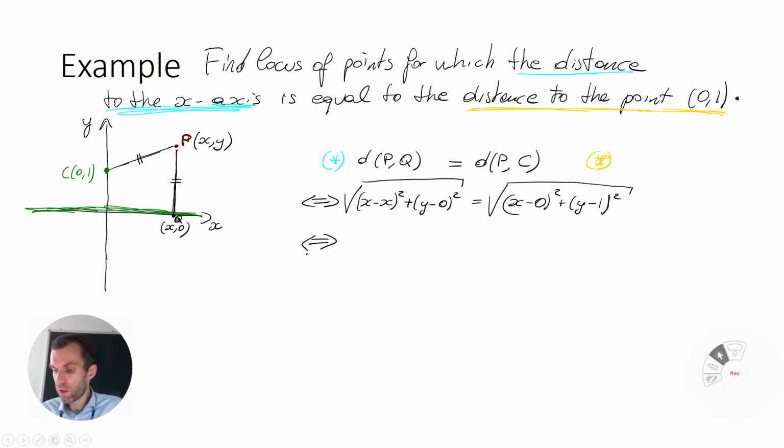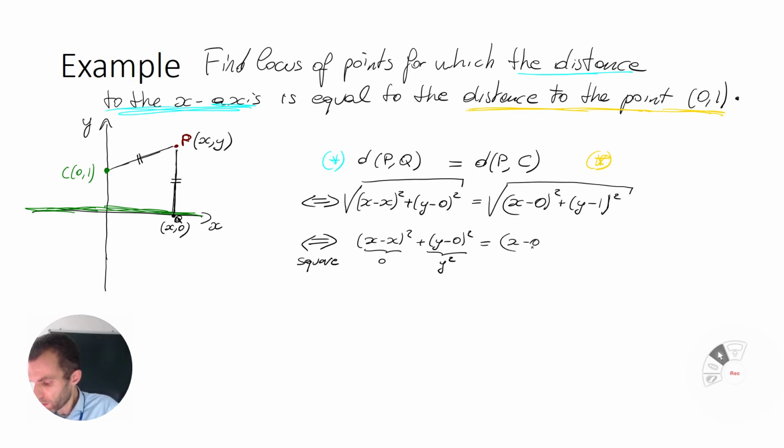And now let's take the square of this to get rid of the square roots, because it's distances, they will always be positive. And let's clean this up a bit, so we get x minus x squared, that is 0, plus y minus 0 squared, that's y squared, and that's equal to x minus 0 squared, x squared, plus y minus 1 squared.